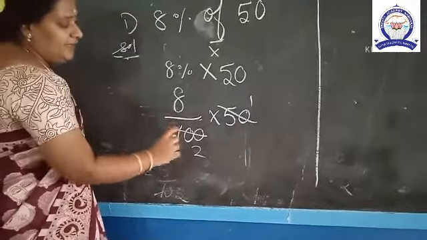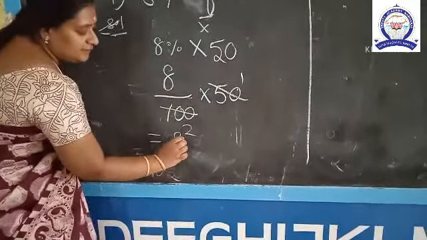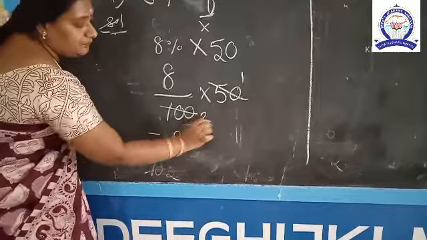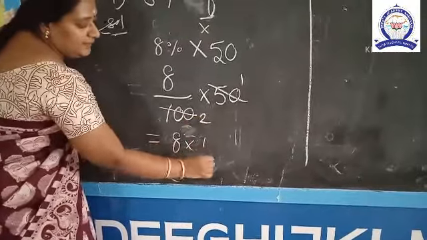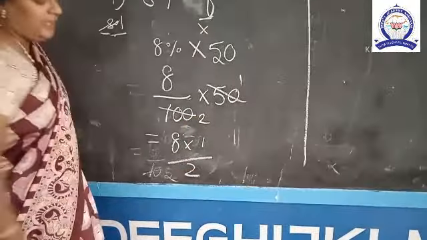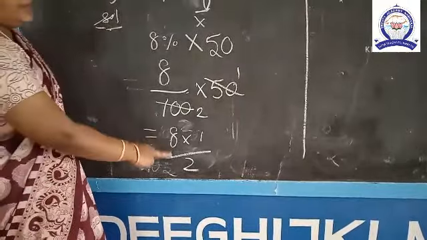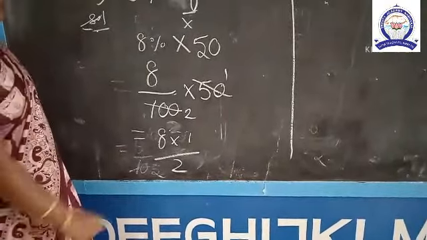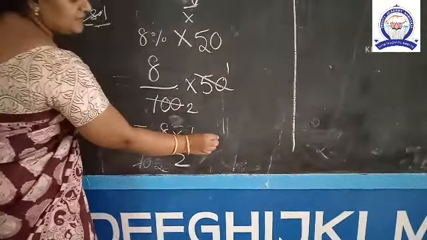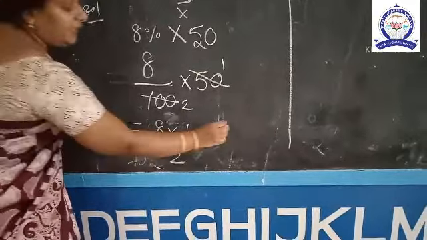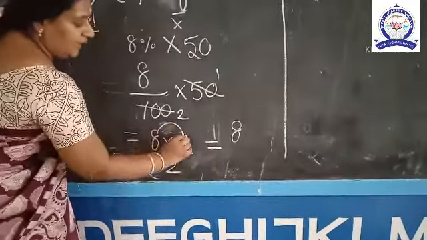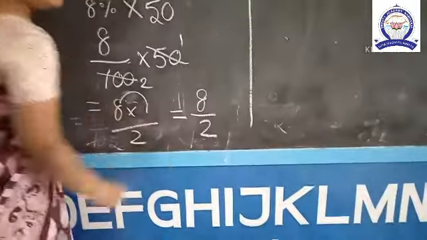So you write the remaining numbers. 8 into 1 divided by 2. Okay. Now that is equal to 8 by 2. 8 ones are 8 by 2.